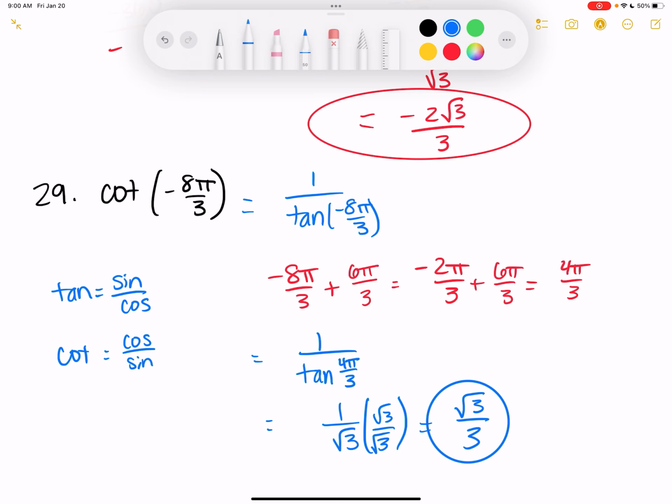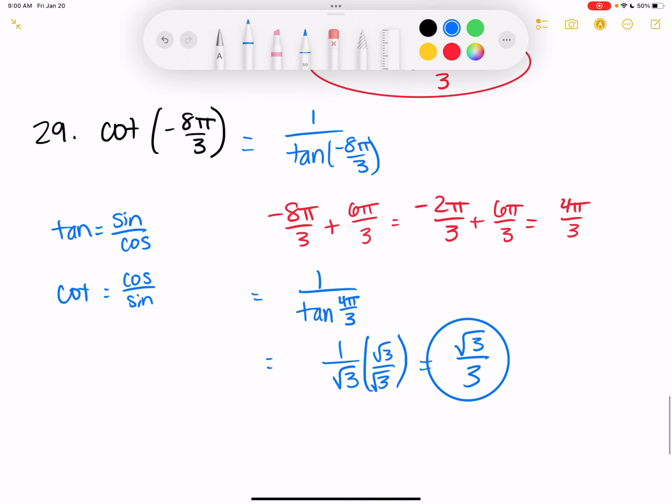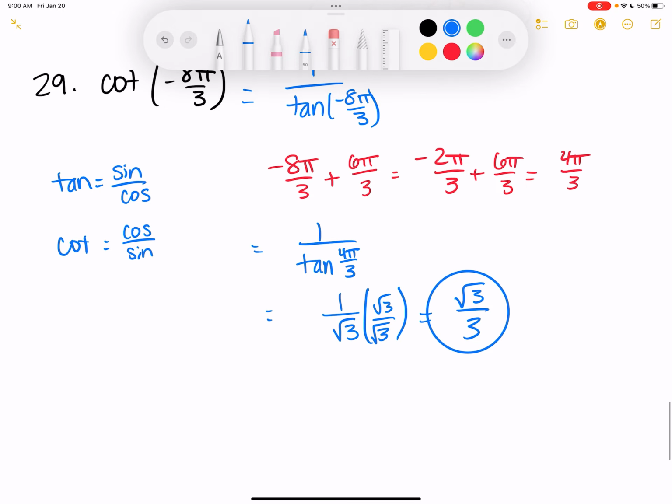Now, if we back up, let's say that we didn't do it as 1 over tangent. I'm going to show you the way of doing cosine over sine in this case, just so that you see that it does give you the same answer. So I'm going to leave it as cotangent. Now, I am going to use the modified 4 pi over 3. So cotangent is equal to cosine of 4 pi over 3 divided by the sine of 4 pi over 3.